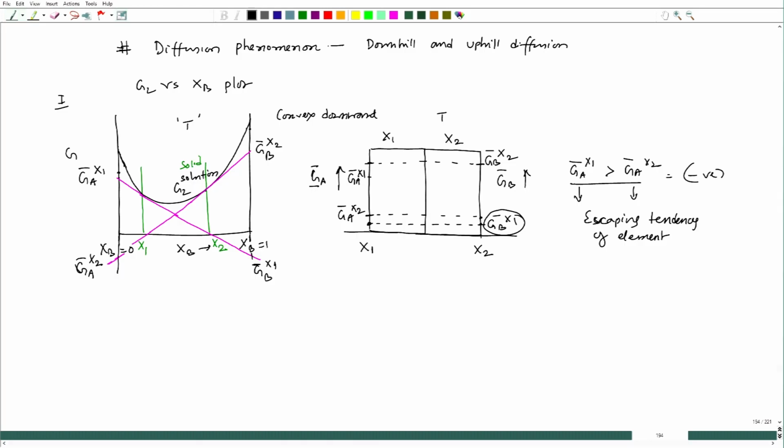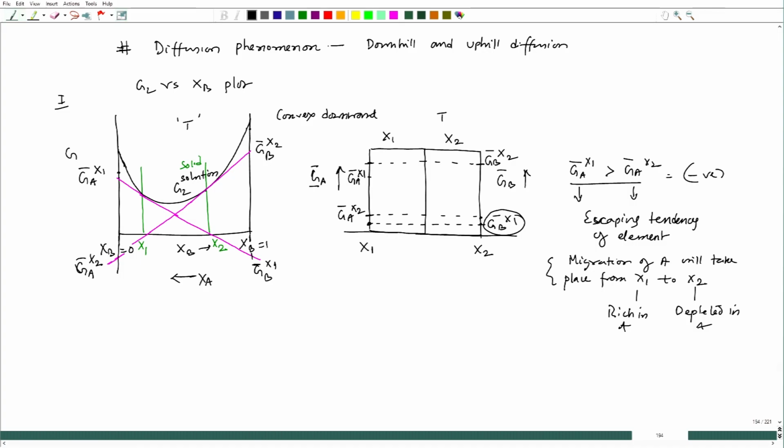That means the migration of A will take place from x1 to x2. Now let us see what the x1 composition is. x1 is rich in A, x2 is depleted in A, because the composition of A is varying this way.